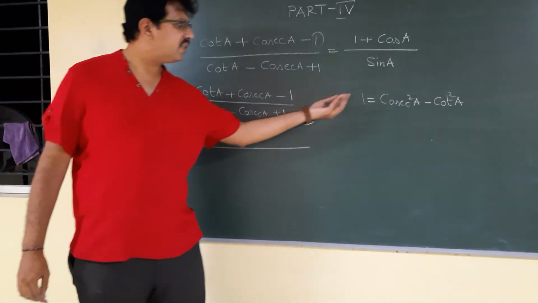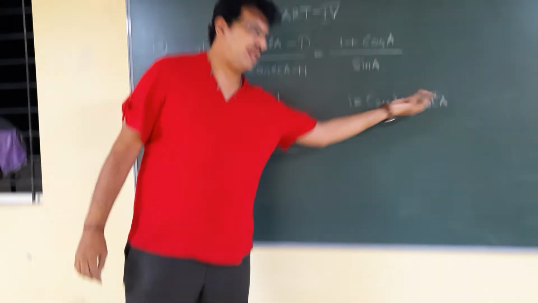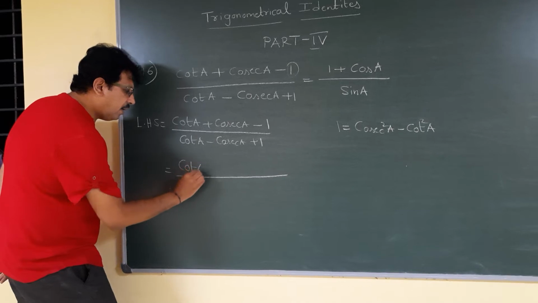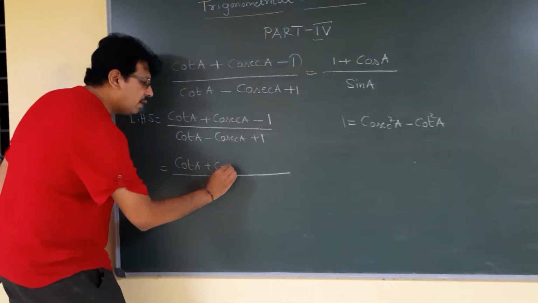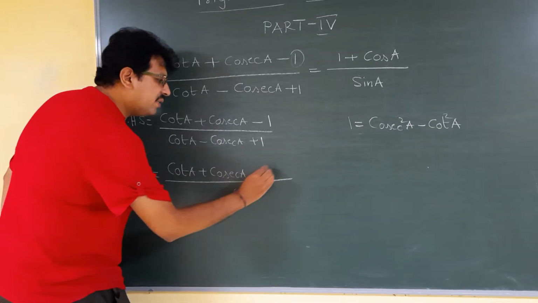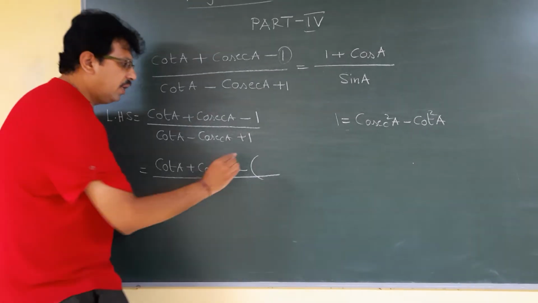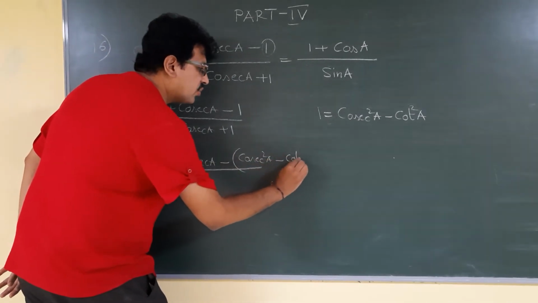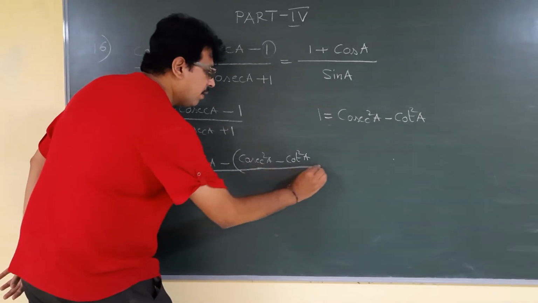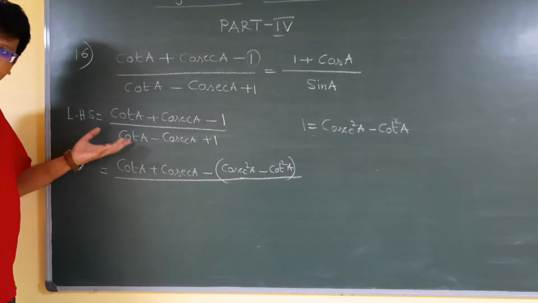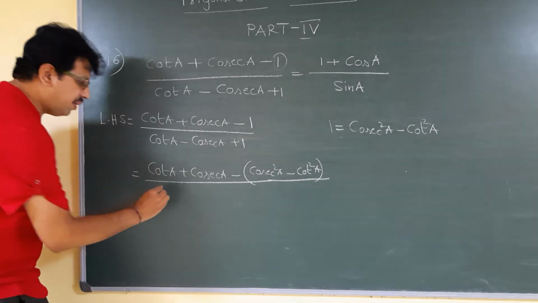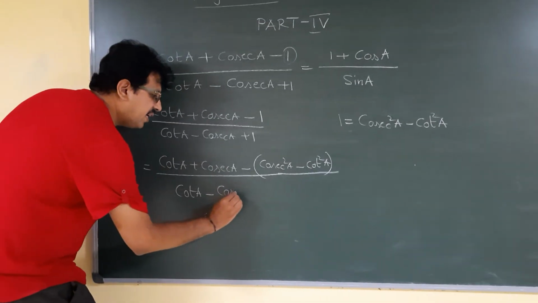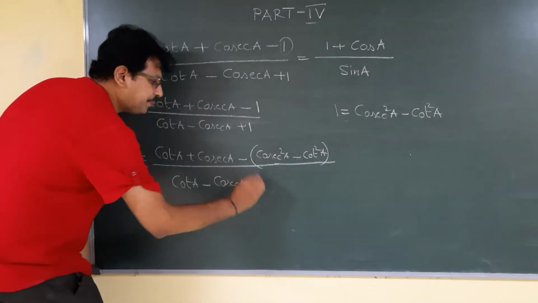The 1 should be written as cosecant square A minus cot square A. As I said to you just now, we have to write as it is this one, cot A plus cosecant A. As it is, we should write minus, this 1 should be written as cosecant square A minus cot square A, divided by, the denominator has to be written as it is, no changes in the denominator, that is cot A minus cosecant A plus 1.